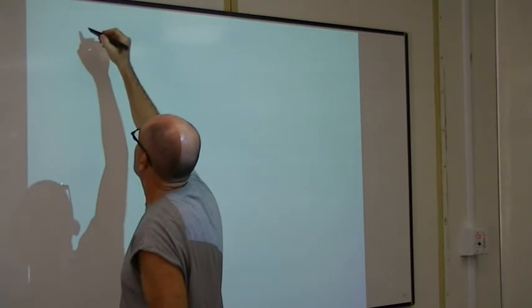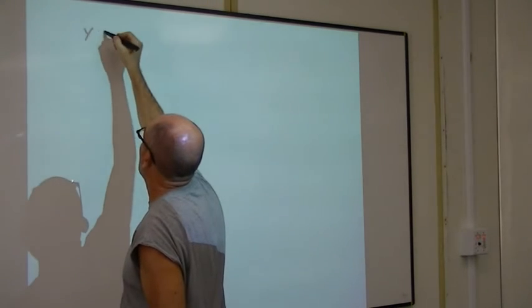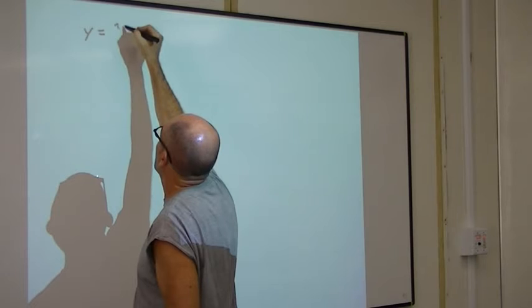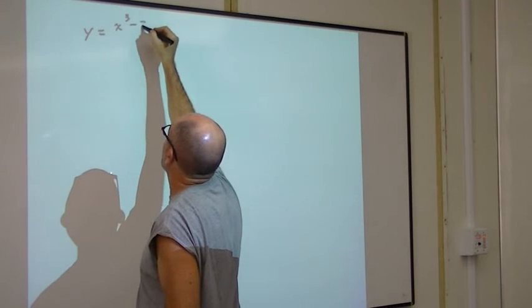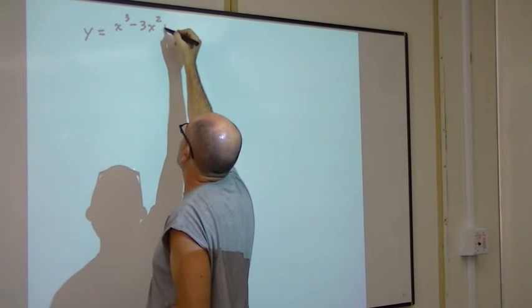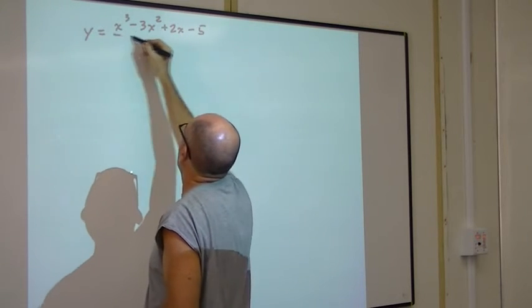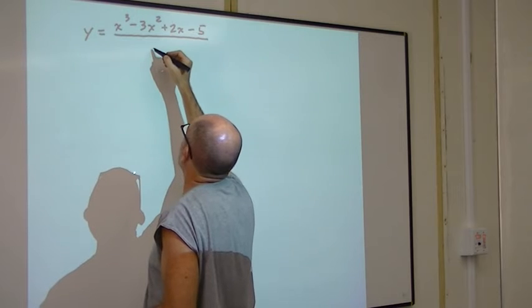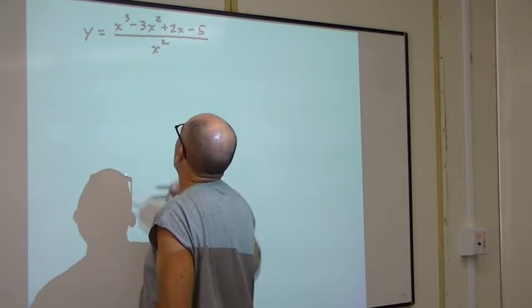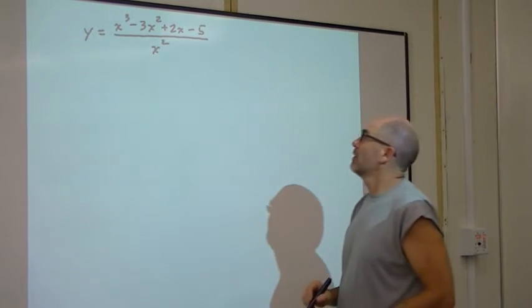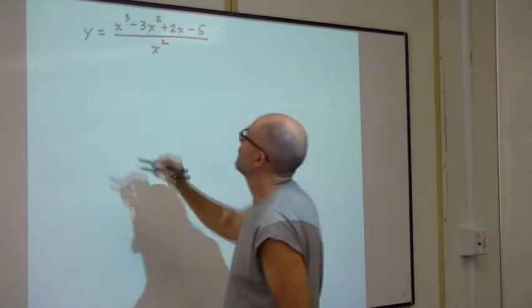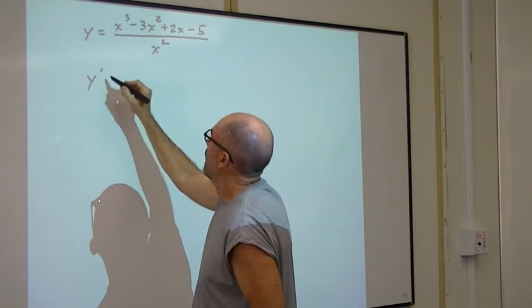If we have y equals x cubed minus 3x squared plus 2x minus 5, all divided by x squared. And we want y prime.